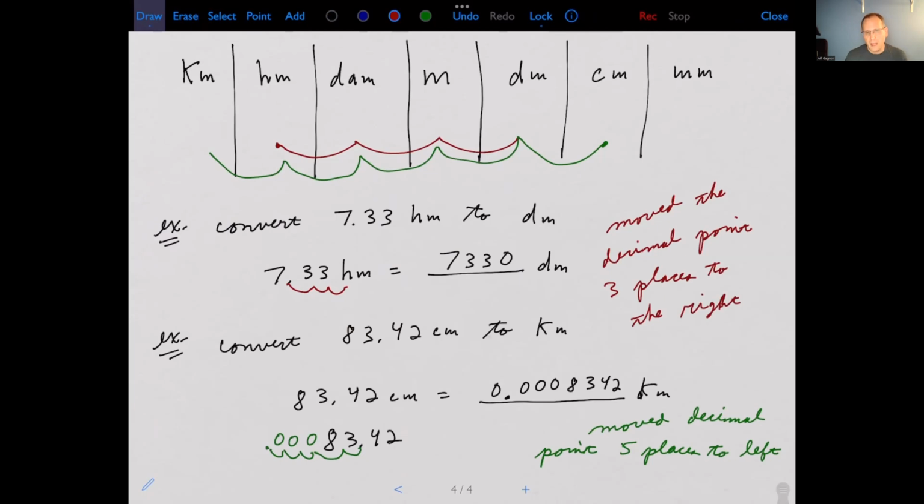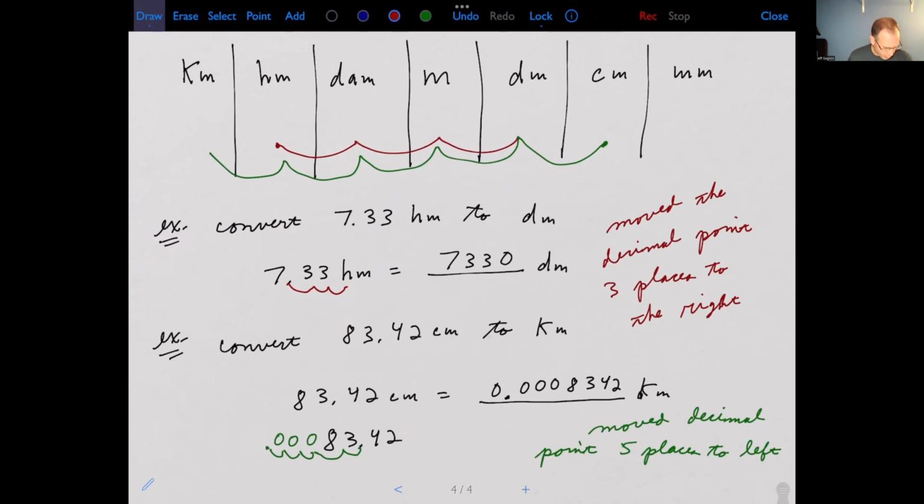Okay, so if you're within the metric system, that is a quick way to do the conversion just by moving the decimal point. But for anything else, you really want to use unit conversion factors. And actually, in the next example, you really have to use unit conversion factors.